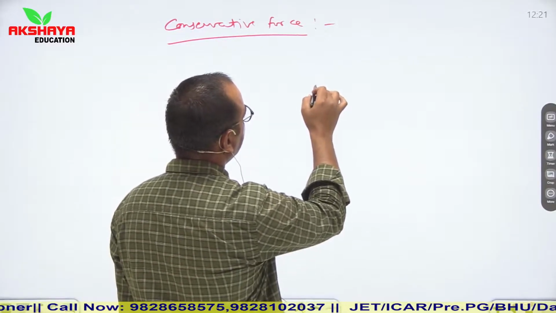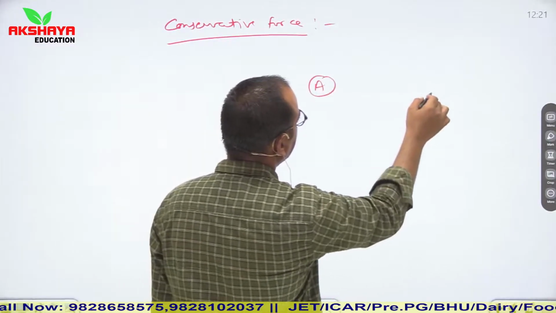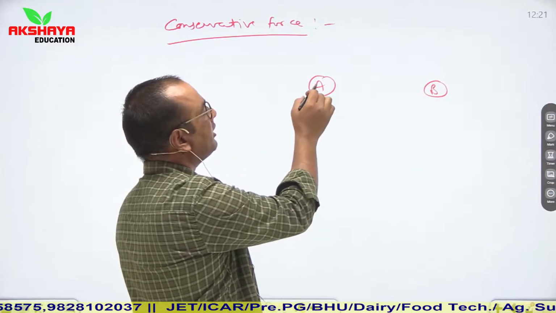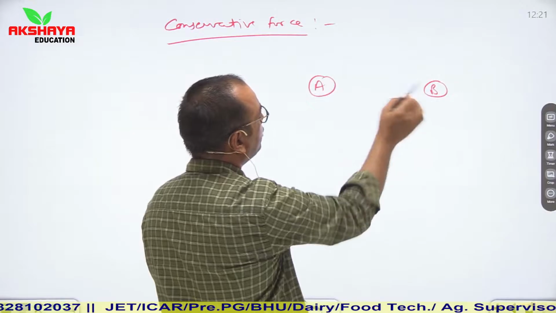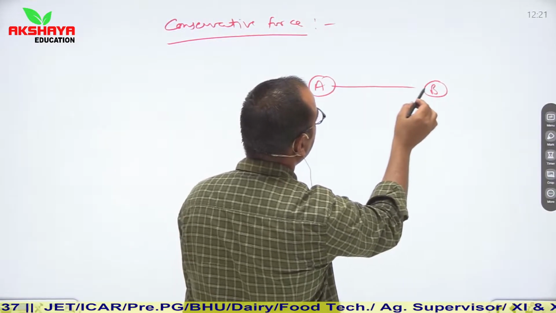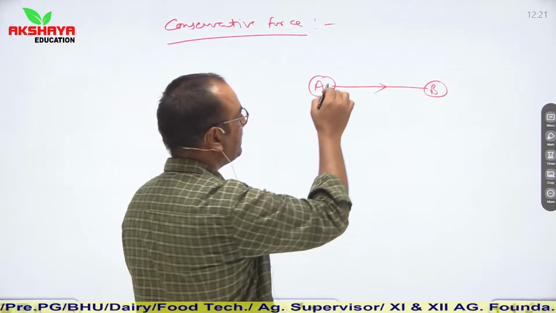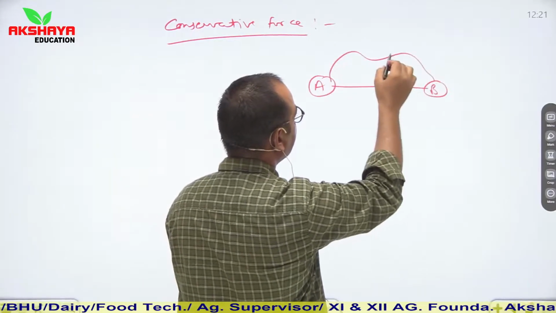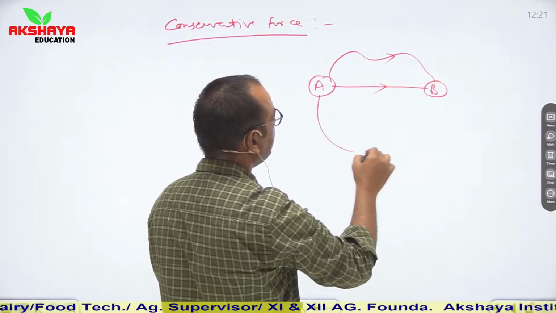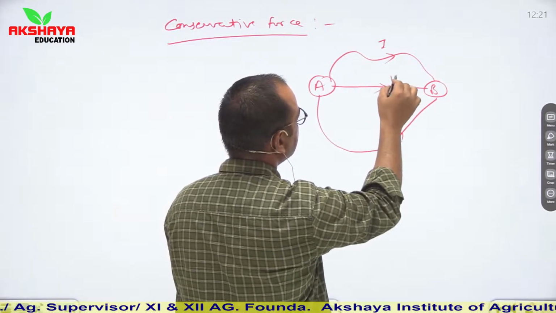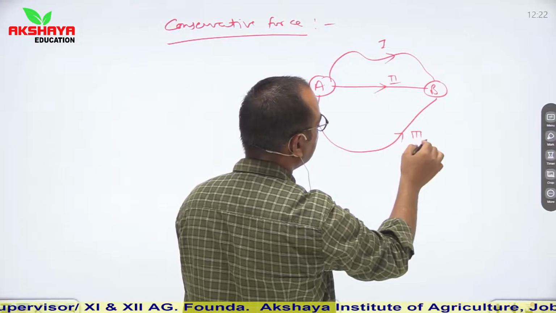Let us say that this is a place A and this is a place B. We have to take this object from A to B, then it can be taken by this path A to B in a straight line, or by this arbitrary path. So let us say this is path 1, this is path 2, and this is path 3.